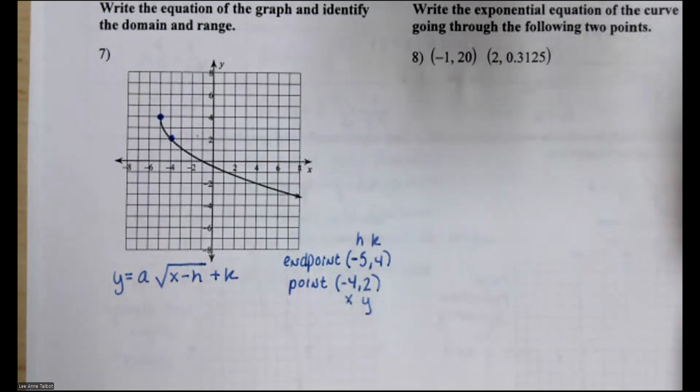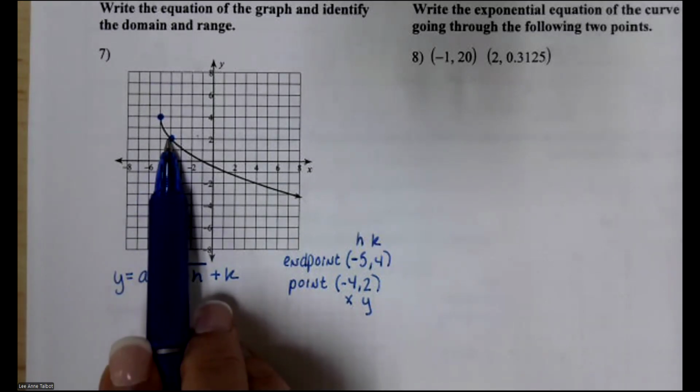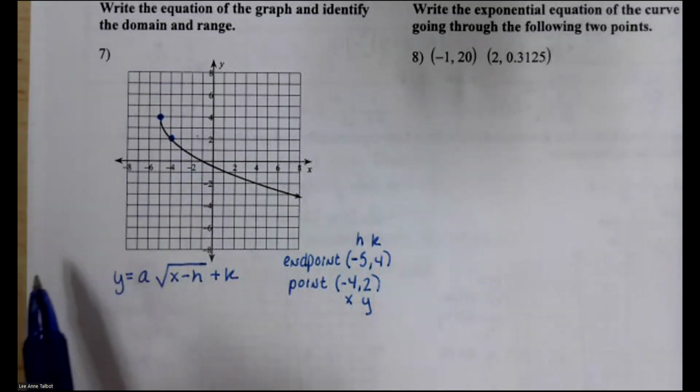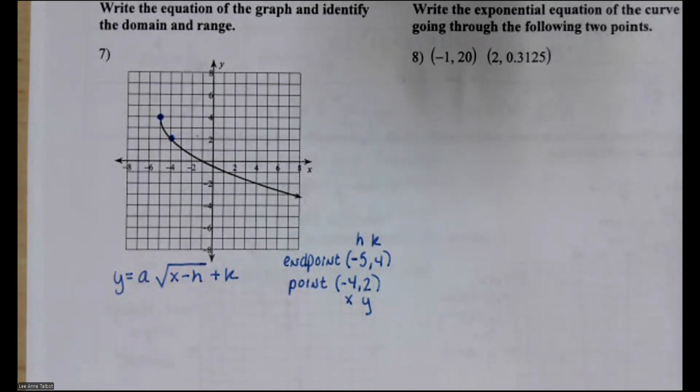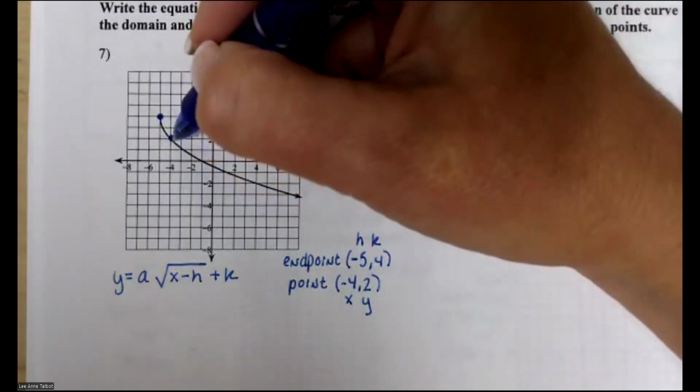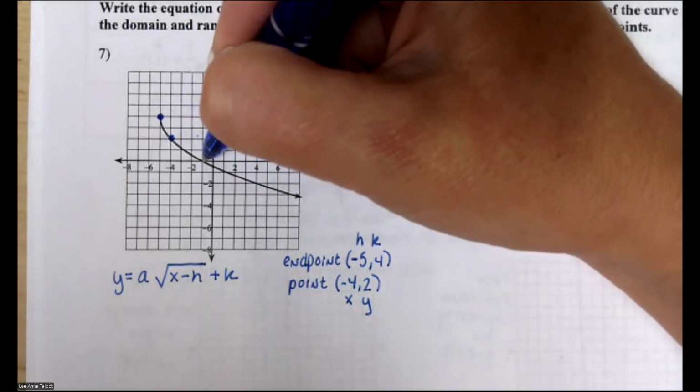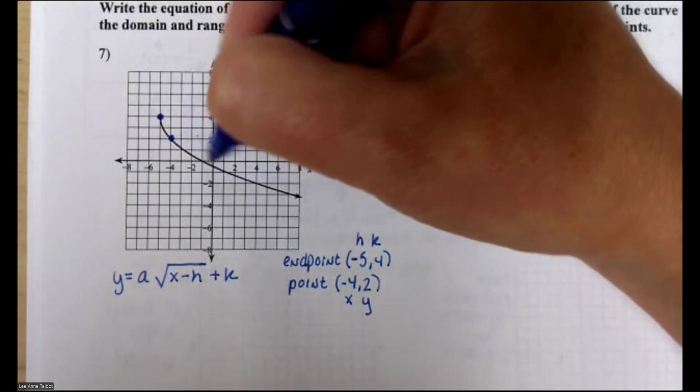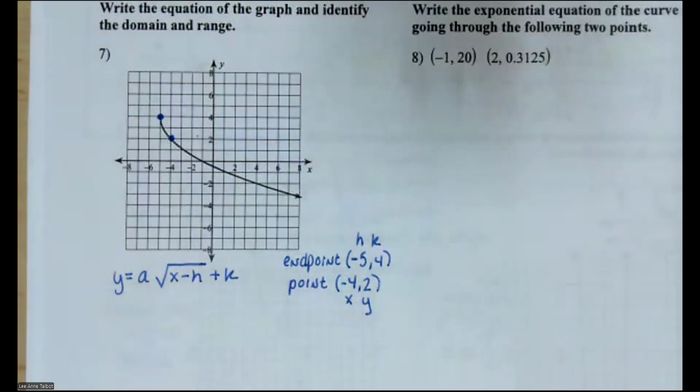And this should feel very much like the second problem we did in the review notes where you plug in and solve for A. I just found another nice point that was actually on the curve. And you don't have to use -4, 2. You could use -1, 0, it looks like, or 4, -2. Any of those will give you the same answer in the end.